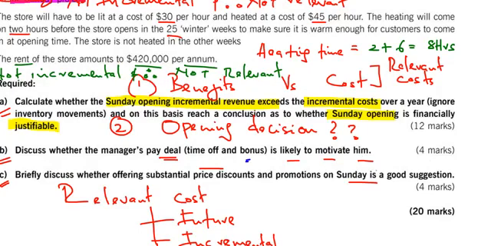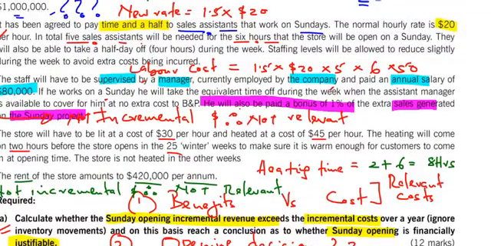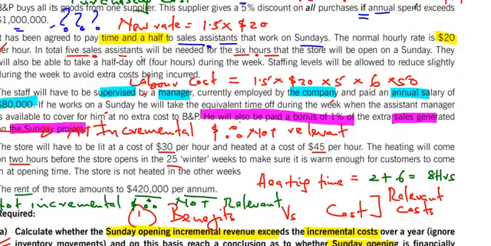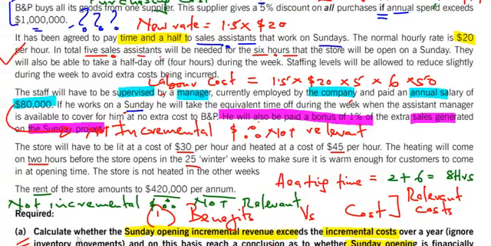So what was the deal? The bonus, let's go back briefly. So the deal is that he works on Sunday, okay, and then he takes a day off during the week.